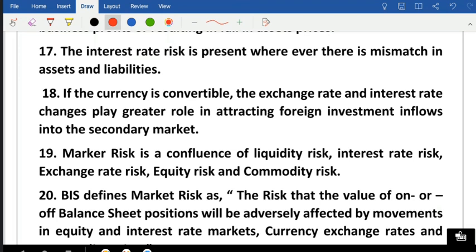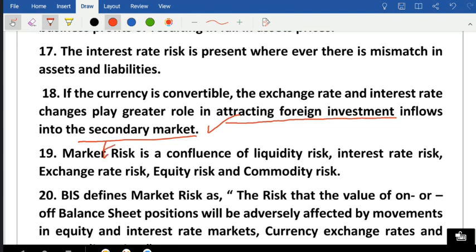If the currency is convertible, the exchange rate and interest rate changes play a very important role, attracting foreign investment inflow into the secondary market. The market is a confluence of liquidity. So what is market risk?